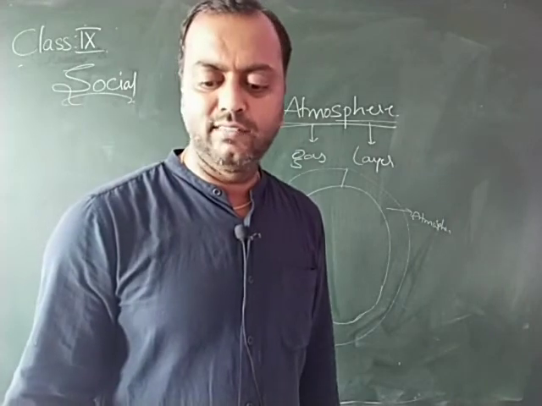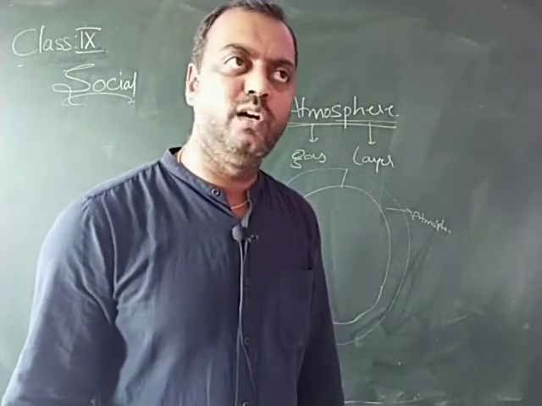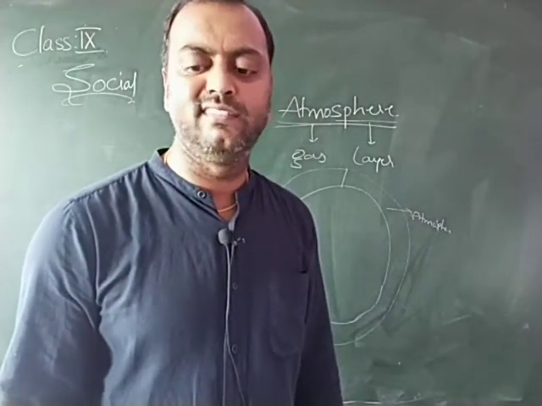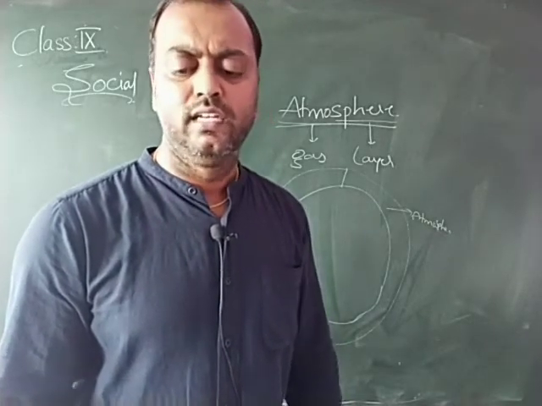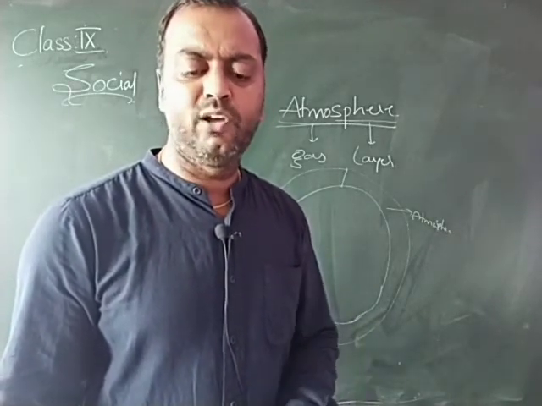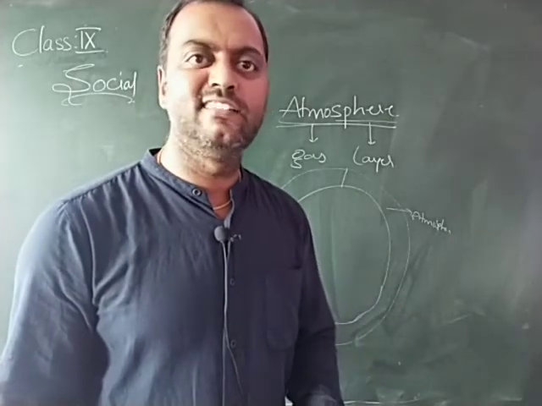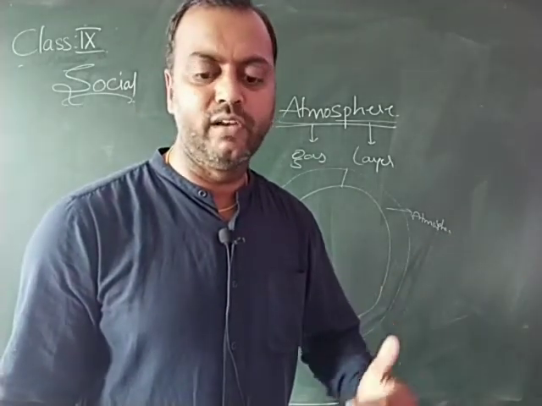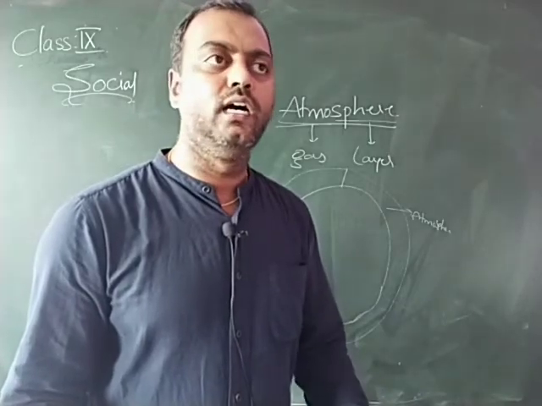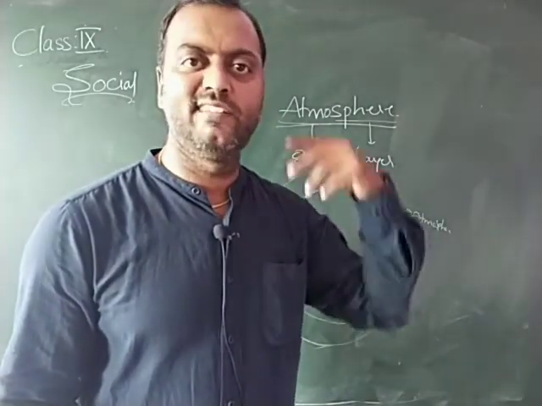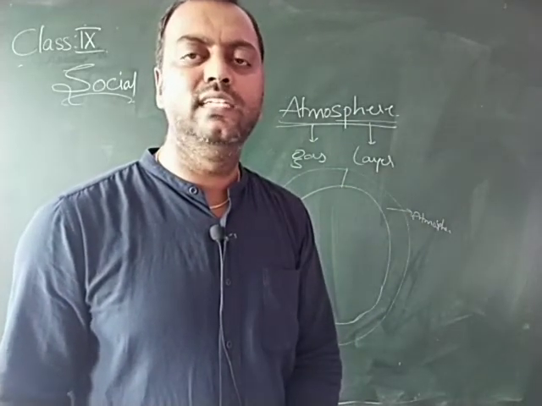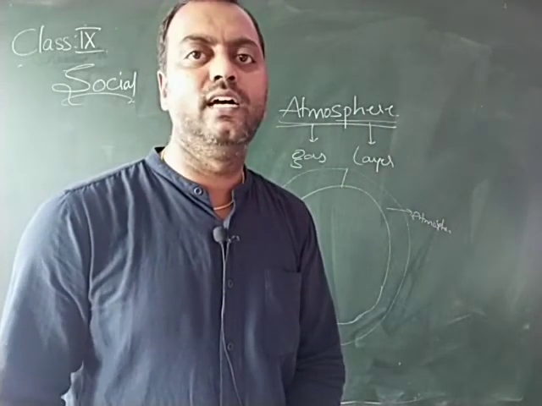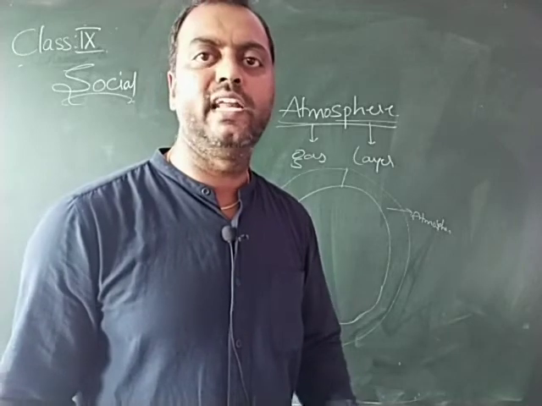And apart from these gases, children, the atmosphere also consists of fine dust particles, which we call particulates. These particulates may come from natural processes like sandstorms, or sometimes swirling of the winds, and over the fire of the forest. All these particulates reach into the atmosphere, and they make the sky look green or orange in color.